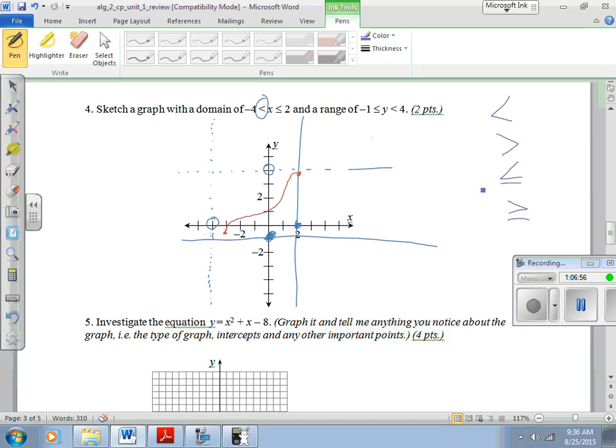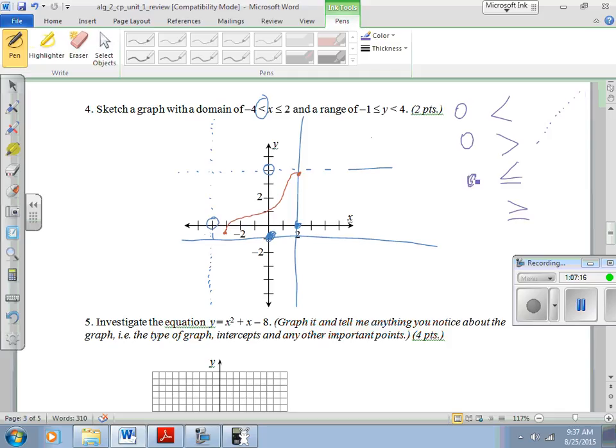Those four inequalities have these characteristics. These two are always open dots, and because they're always open dots, they're always going to be dashed lines because they don't include those points. You remember that from algebra?